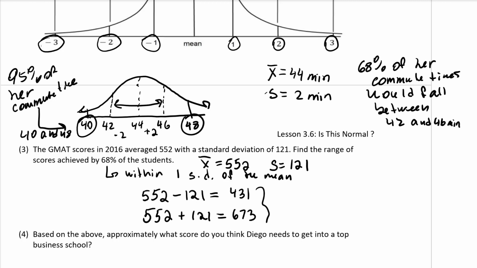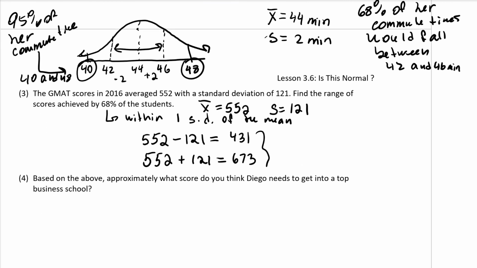Alrighty, now let's think critically. The next question will require a little bit more understanding of what this all means. Based on the above, approximately what score do you think Diego needs to get into a top business school?